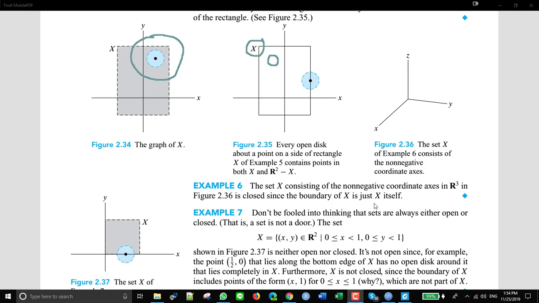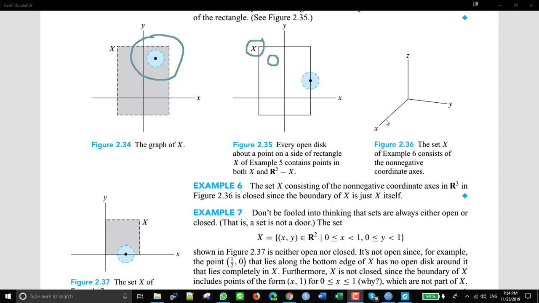But they say that it's closed because the boundary of X, remember that in order for it to be closed, the boundary of the set has to be within the set. And actually, every point in the set is a boundary point, right? If you take a sphere and put it around any point on, say, this axis, then no matter what the size of the sphere, it's always going to contain some points that are not in the axis and some points that are in the axis, right?